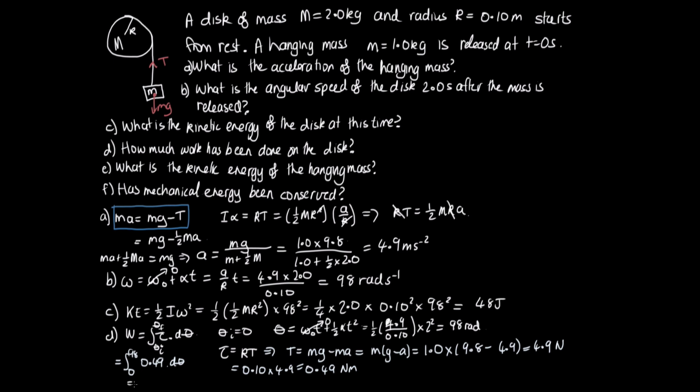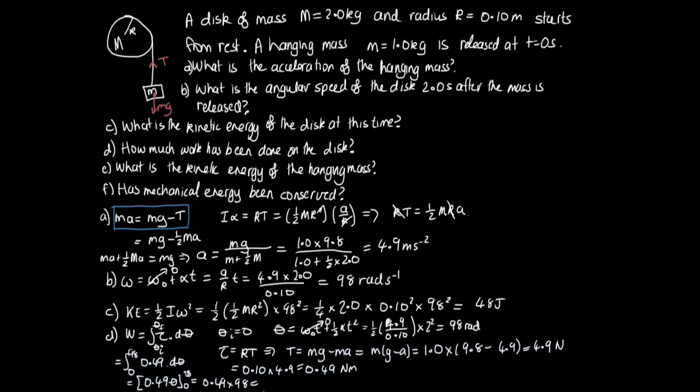Doing this integral, we end up with 0.49 theta, from 0 to 98, and so this is equal to 0.49 times 98. When we substitute in the 0, this term disappears, so we don't need to subtract that off.